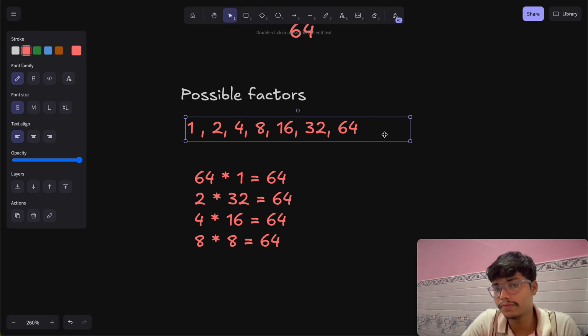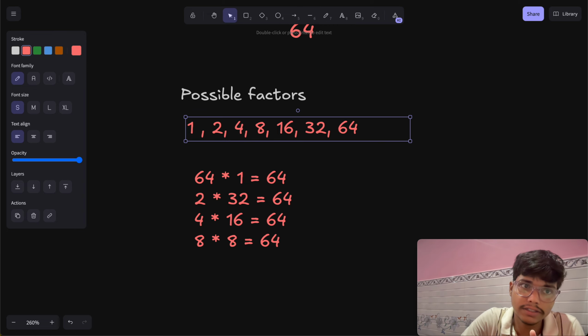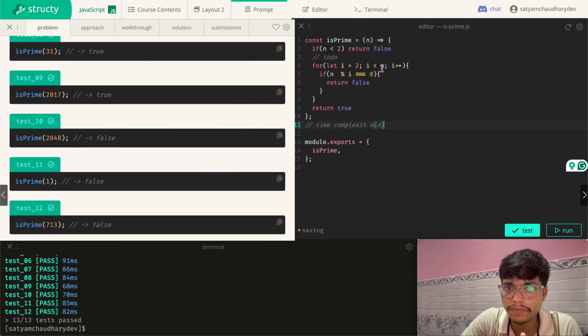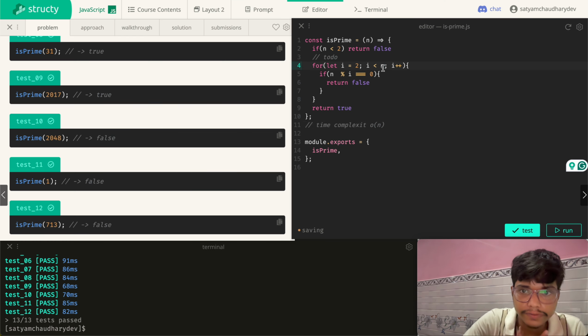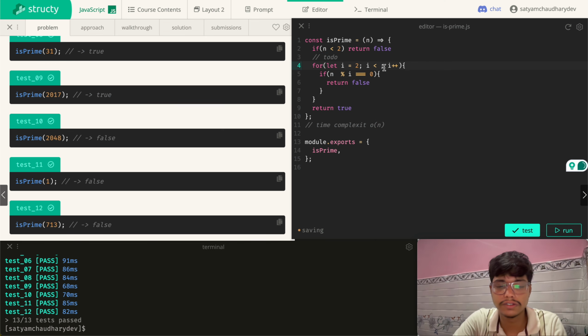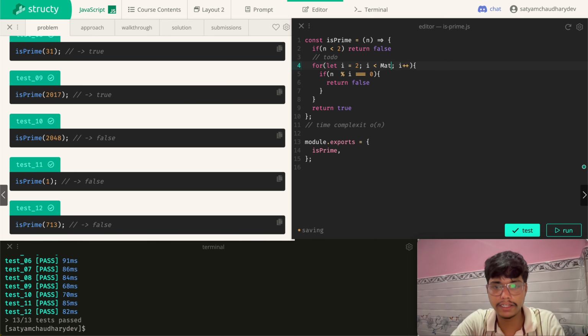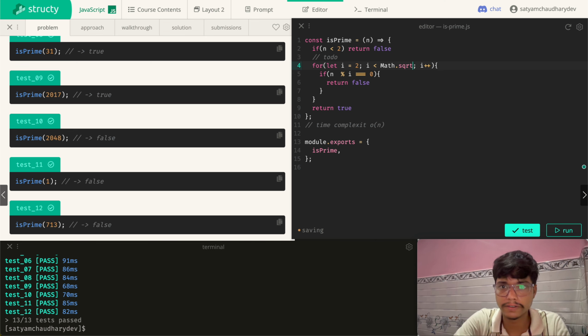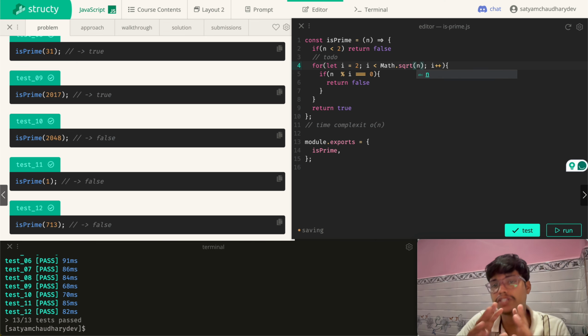So what we can do here is just use math dot square root of n. We can just check till the square root of n.